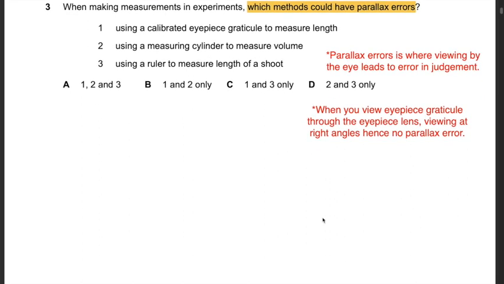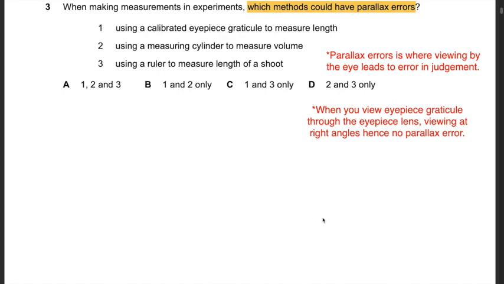Question 3. When making measurements in experiments, which methods could have parallax errors? 1. Using a calibrated eyepiece graticule to measure length. 2. Using a measuring cylinder to measure volume. 3. Using a ruler to measure length of a shoot. Parallax error is where viewing by the eye leads to error in judgment. When you view the eyepiece graticule through the eyepiece lens, you are viewing at right angles, hence there is no parallax error.